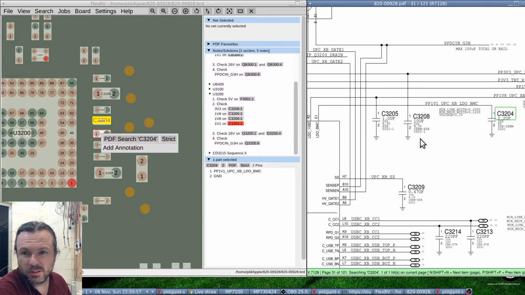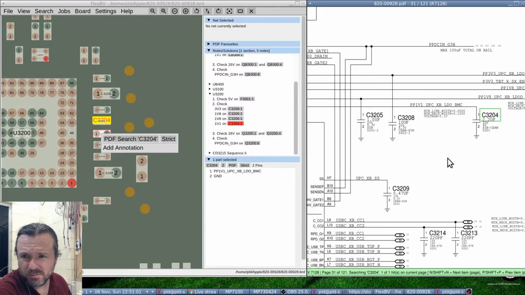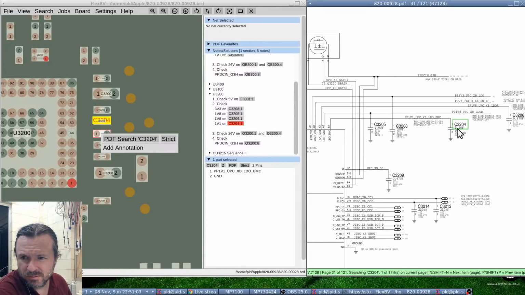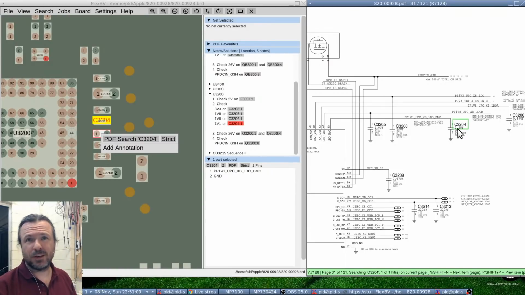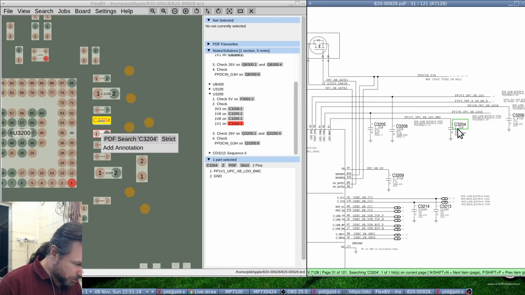Alright, so it's an internal. We can always remove that capacitor. I'd be surprised, but you never know. Sometimes you just got to do that. You go, well, tried everything else, so let's try something different.